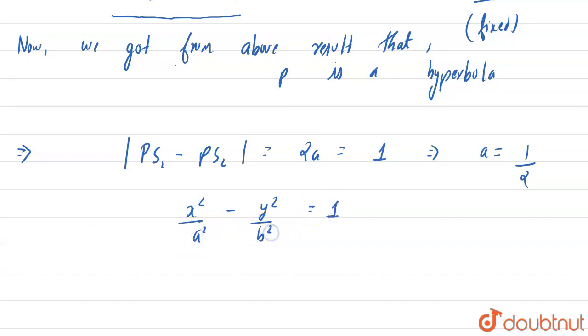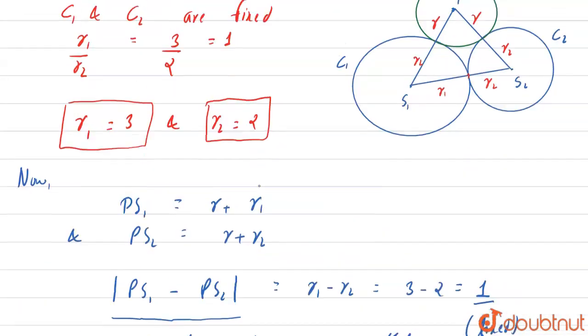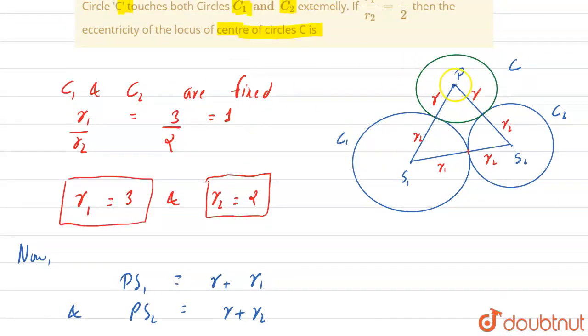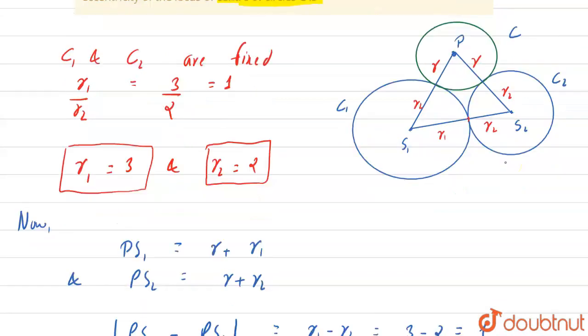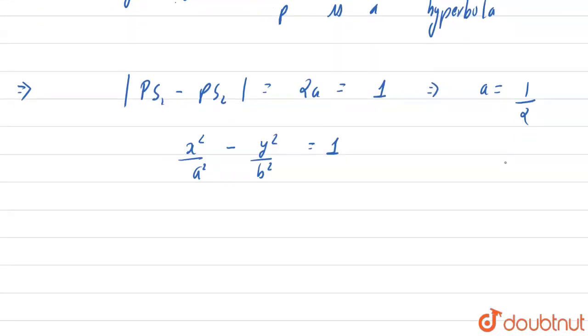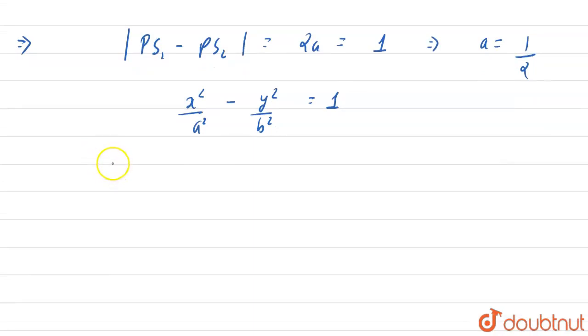Now you can see that S1 and S2 are the foci of the hyperbola. If S1 and S2 are the foci of a hyperbola, then their distance S1S2 will be equal to 2ae.